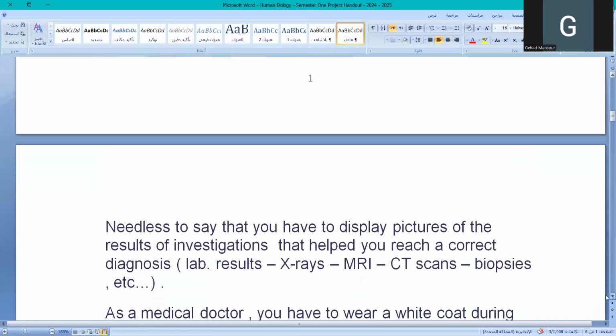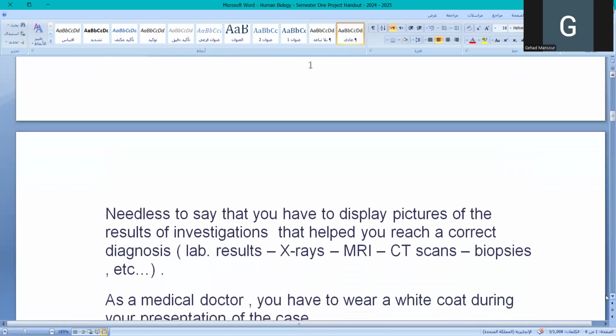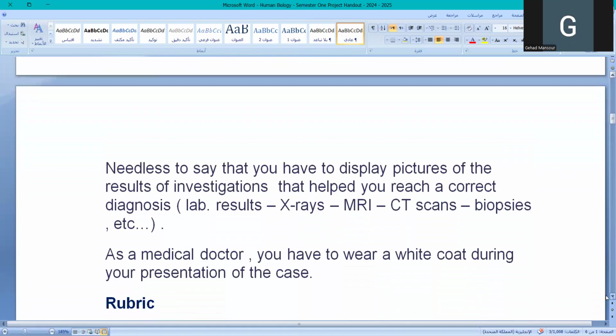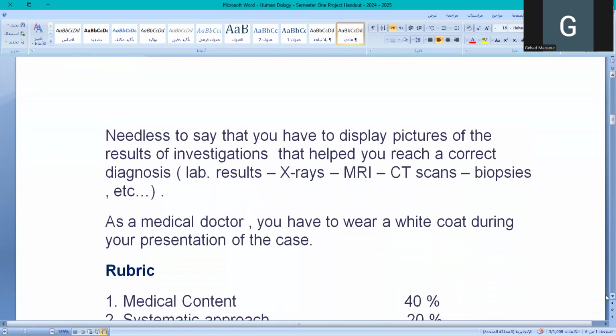I'll just evaluate your video, and the evaluation of the video will be as the rubric says here, as you see on the screen.